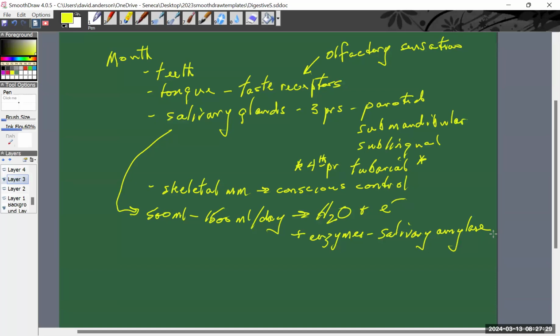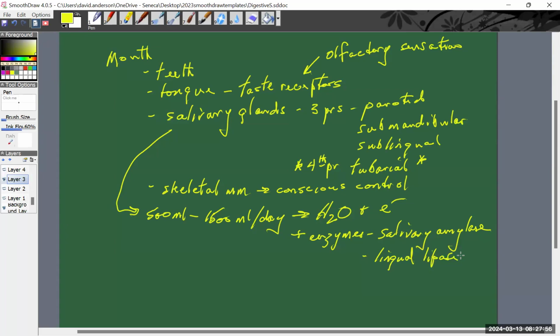So all the way through this system, we'll be talking about areas where either mechanical or chemical digestion is the focus. But the goal in both cases for digestion is to break down large molecules small enough that they can be absorbed. So there's also a lingual lipase enzyme.